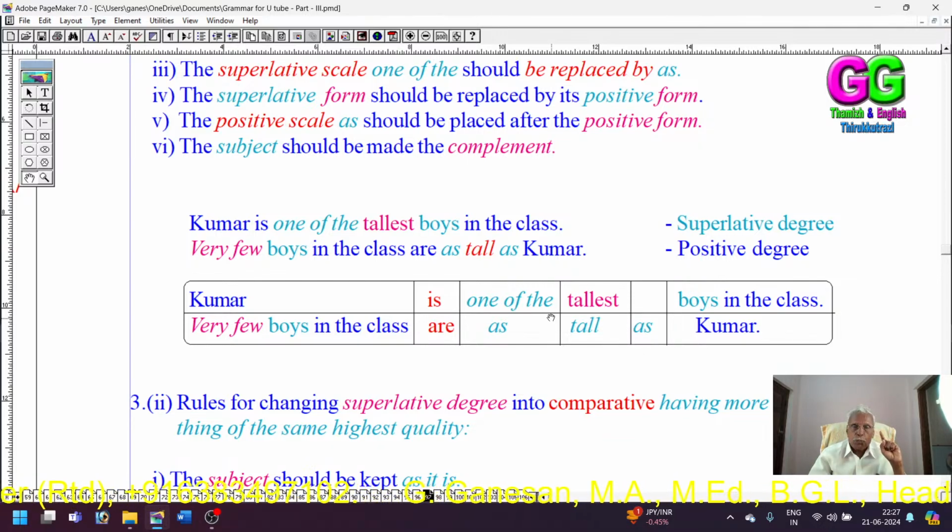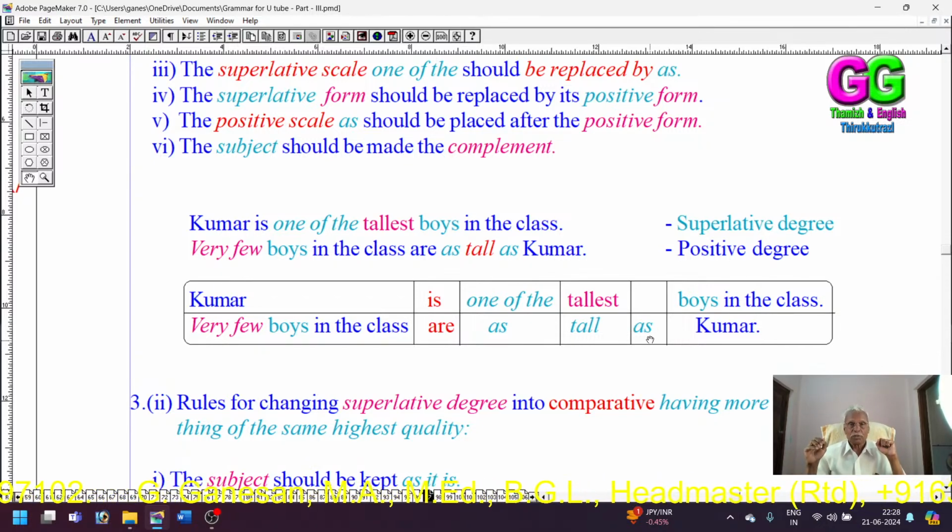Thirdly, the superlative scale "one of the" has been replaced by the positive first scale "as". Fourthly, the superlative adjective "tallest" has been replaced by its positive adjective "tall".